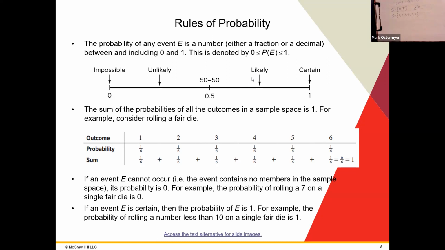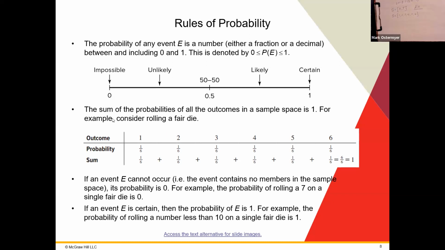And any probability greater than 0.5 is deemed to be more likely to occur. If the probability of any event E occurring is 0, we would say that the event is impossible to occur. If the probability of an event is equal to 1, then we would say that there is 100% certainty that that event will occur. Okay.